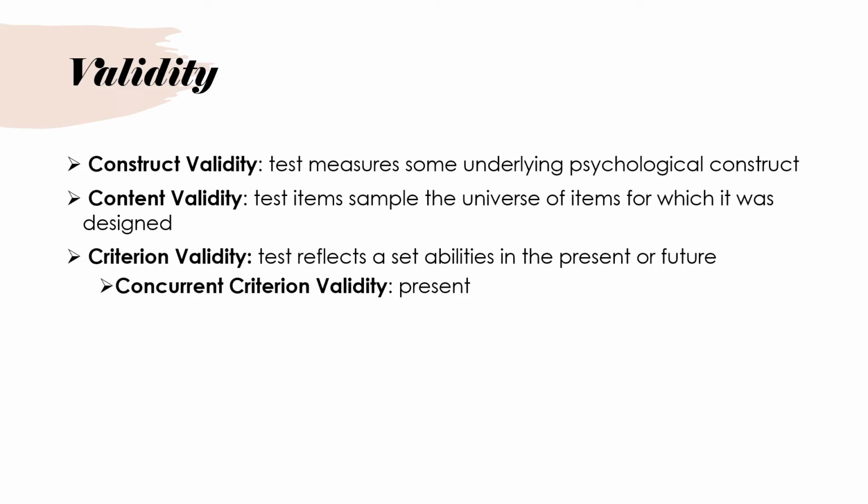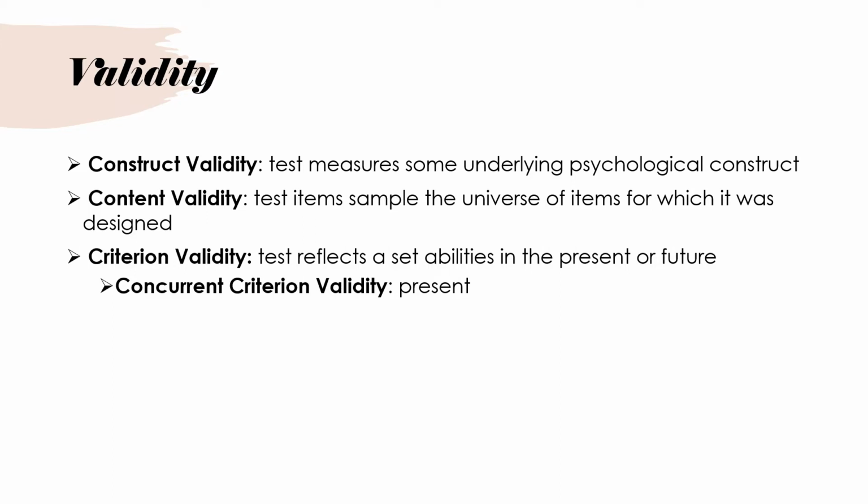So with achievement tests, if I was going to demonstrate that a student was learning well in the curriculum, and if my achievement test has a high concurrent criterion validity, that means there would be some sort of relationship between how they do on this achievement test and also how well the student is doing in the classroom.